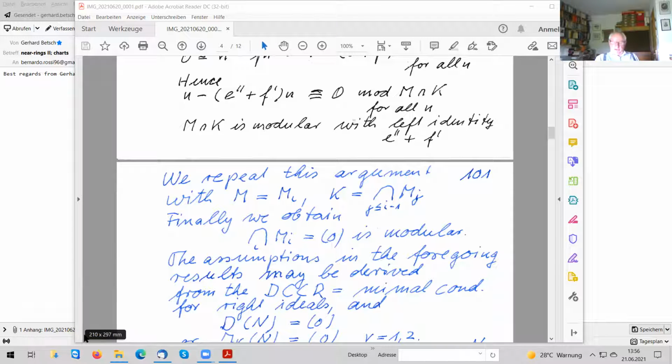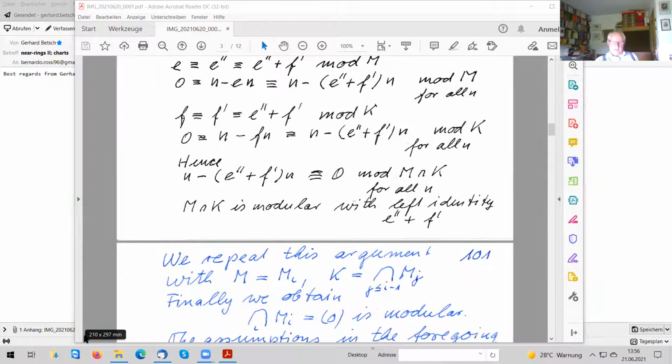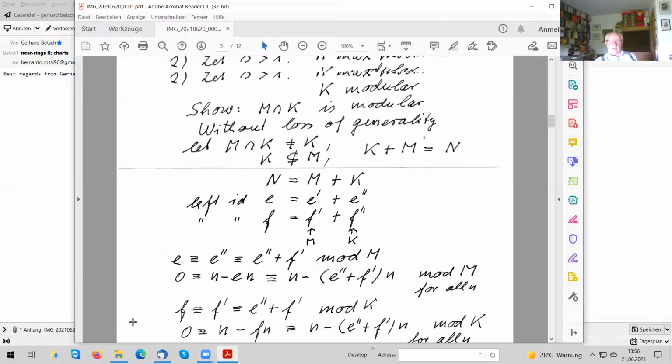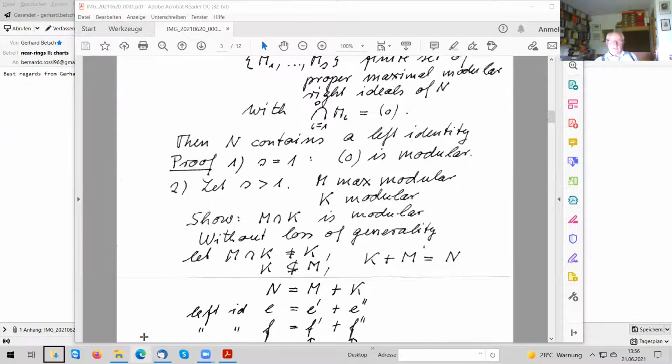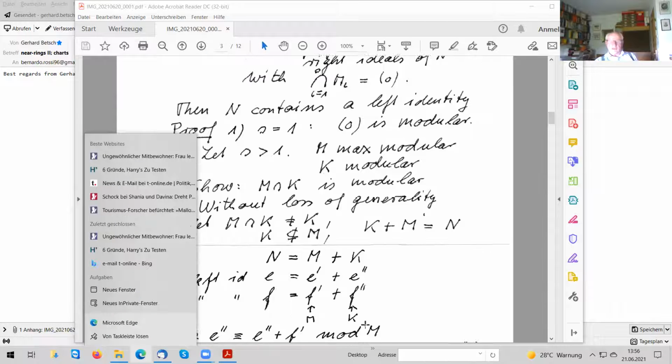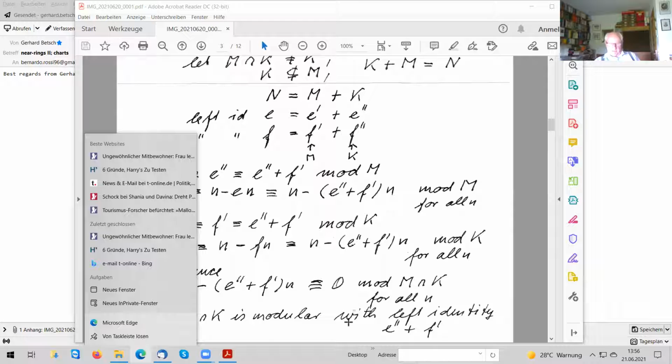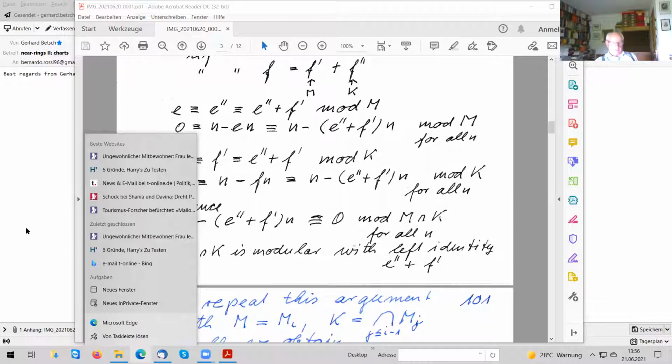The assumptions in the foregoing results may be derived from the assumption that we have a finite set with nice properties, a finite set of substructures.